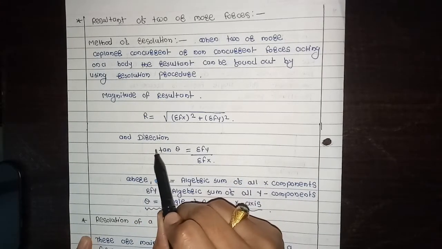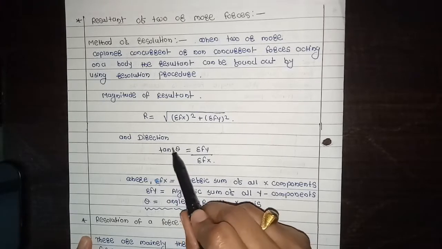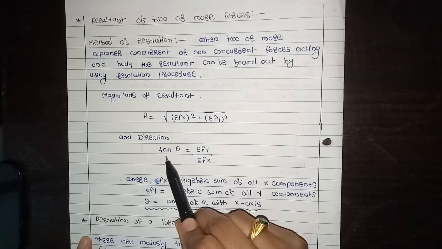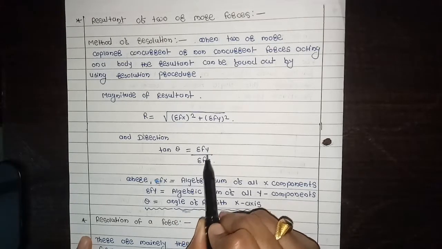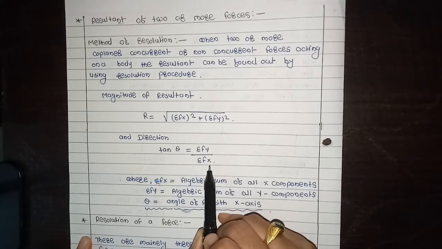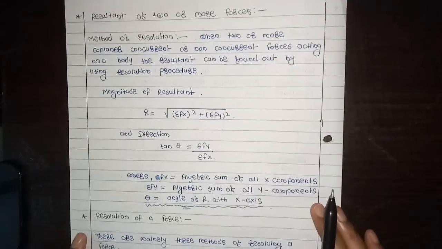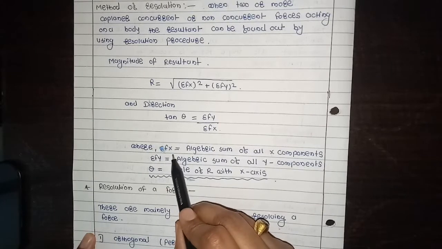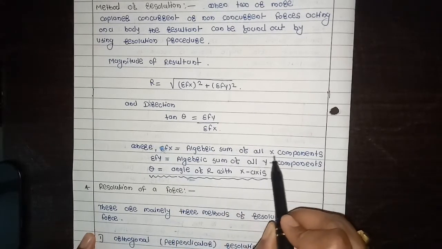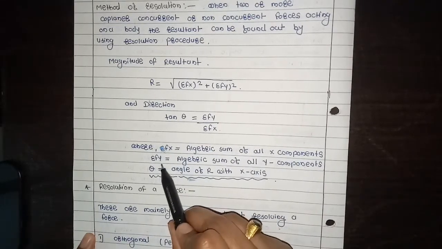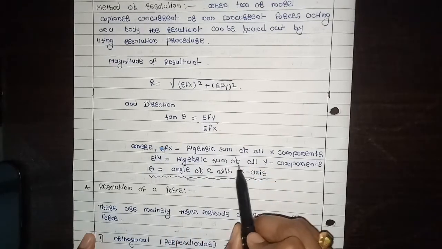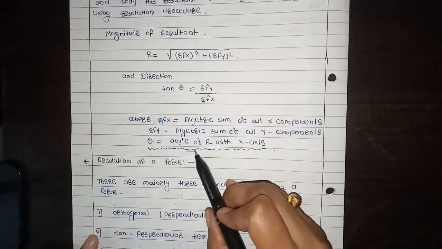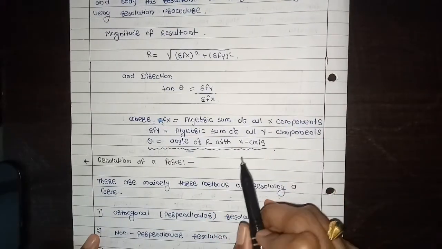And how to calculate the direction? Direction is denoted by theta. So tan theta is equal to summation Fy divided by summation Fx, where summation Fx is the algebraic sum of all x components, summation Fy is the algebraic sum of all y components, and theta is the angle of R with the x axis.